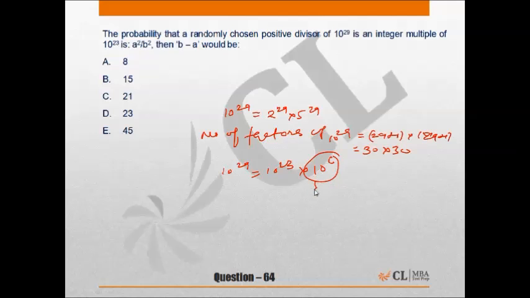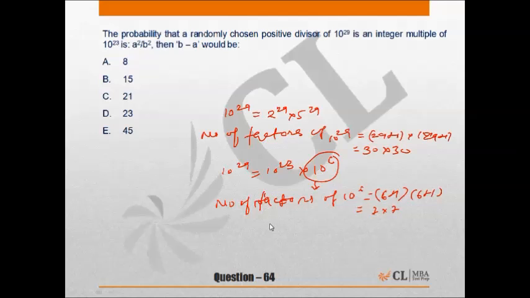So let's find the number of factors of 10 raised to power 6, which will be 6 plus 1 into 6 plus 1, that is 7 into 7.